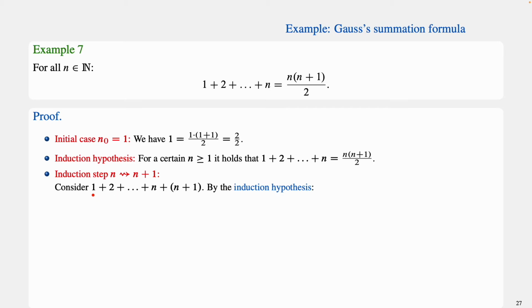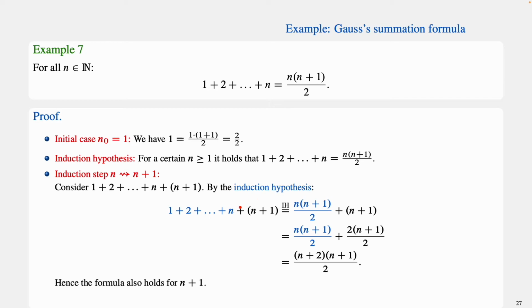So we consider the sum of the numbers 1, 2, up to n plus 1, and we can use the induction hypothesis in the following way. So we write out the sum, and the first n summands in this sum are just what makes up the induction hypothesis here. So for the first n summands, I can use the induction hypothesis to substitute n times n plus 1 divided by 2, and I'm left with one additional summand here.